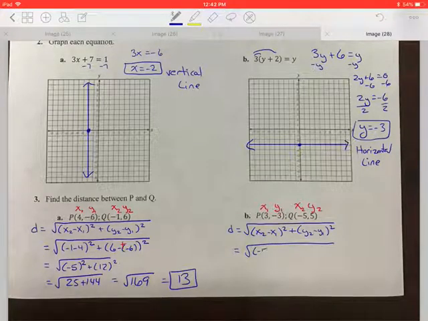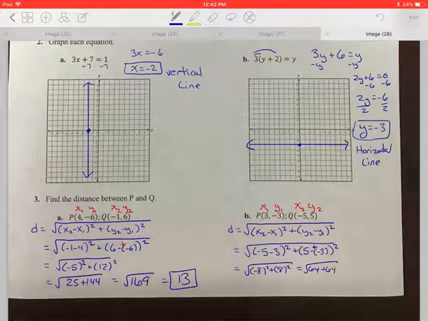All right, so for my x's, I'm going to go negative 5 minus 3, square that, and then 5 minus a negative 3 for my y's, and square that. So I end up with negative 8 squared plus, now remember this just becomes 5 plus 3, so I get positive 8 squared. So I end up with 64 plus 64.